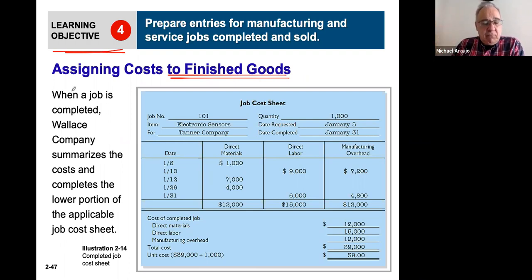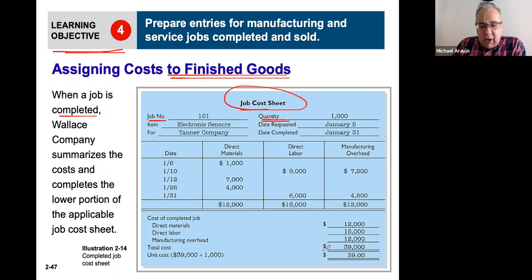Okay. So when a job is complete, you will actually see the completed job cost sheet. Now, this should look pretty familiar and should be a lot more understandable now. So we have job number 101, and that 1,000 of these were created, direct materials of 12, direct labor 15, overhead of 12,000.